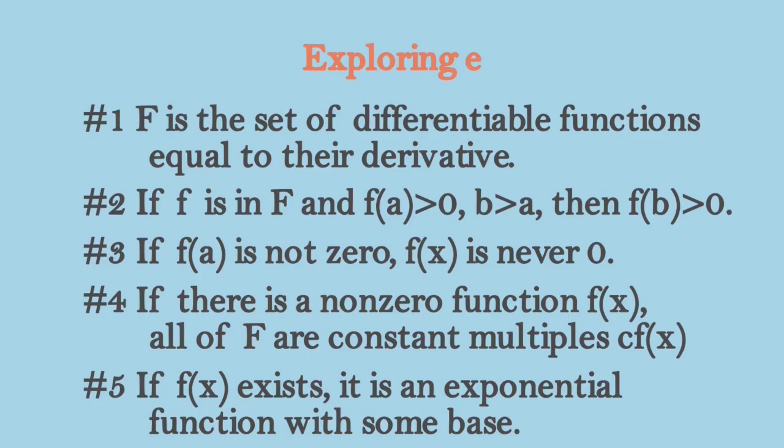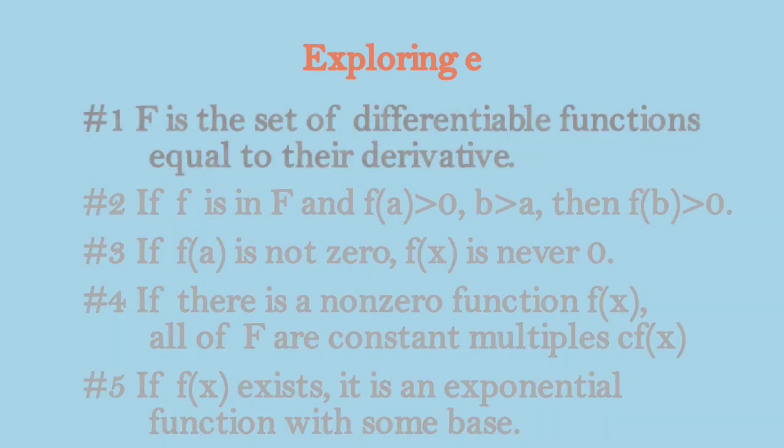Using this, we'll show that for a non-zero function, all of the functions that are equal to the derivative must be constant multiples of that function. And then we'll finally use all this in order to show that any function that's equal to its derivative must be a multiple of an exponential function.